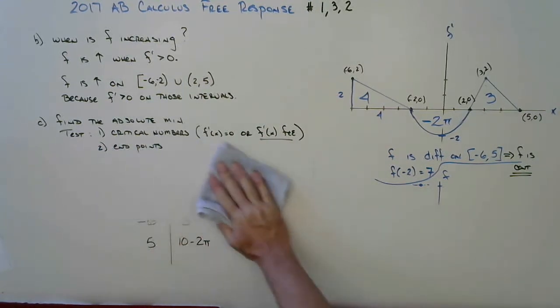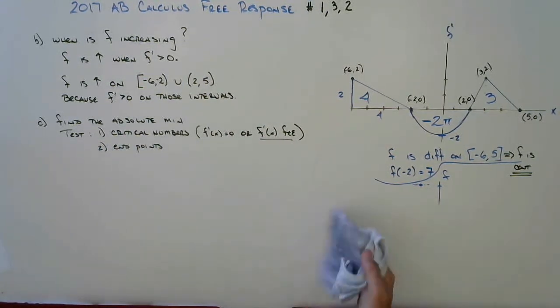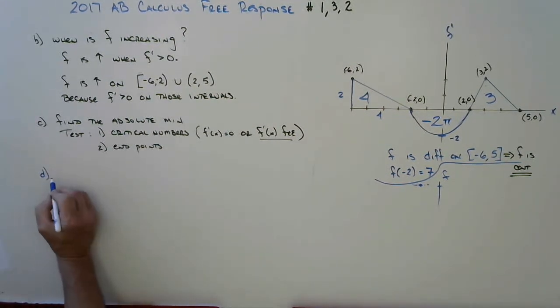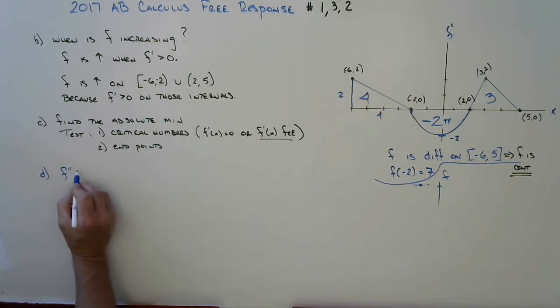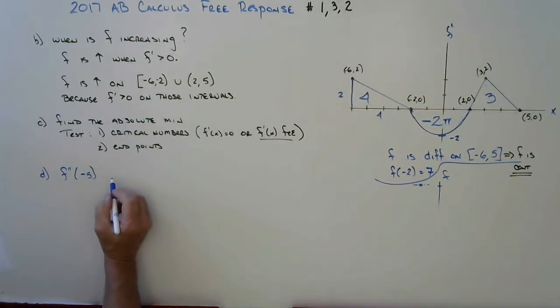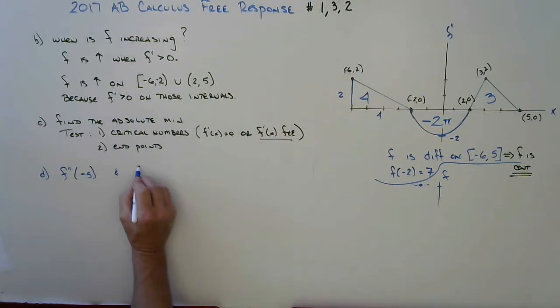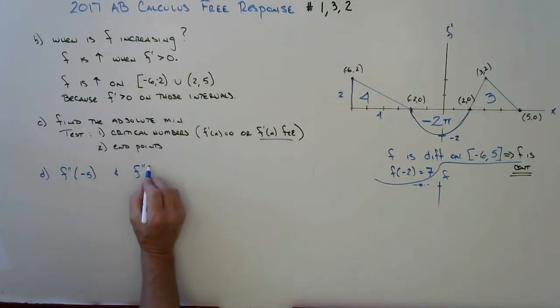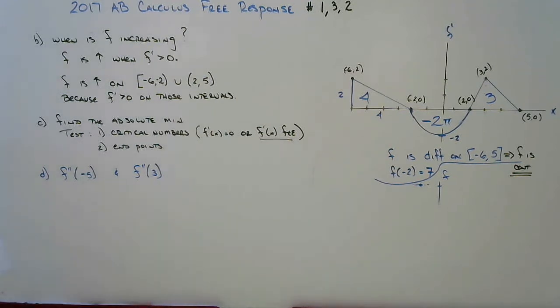We'll make some room down here for part D. Part D says, tell me anything you can tell me about f double prime of -5 and f double prime of +3.